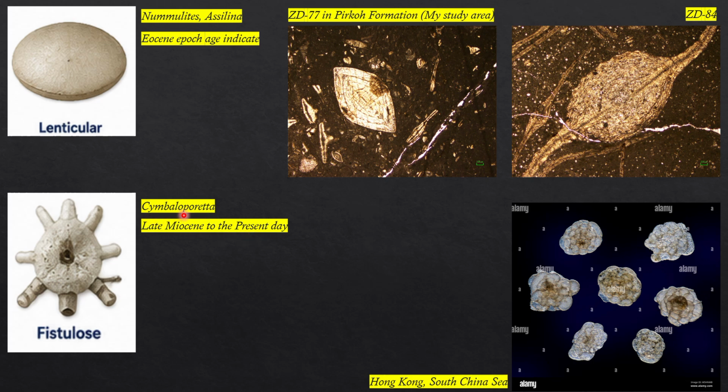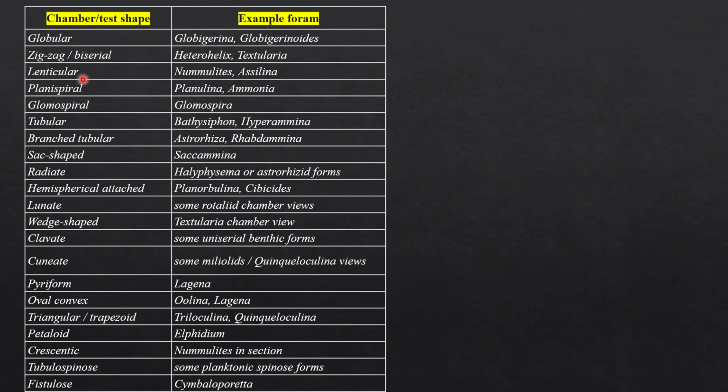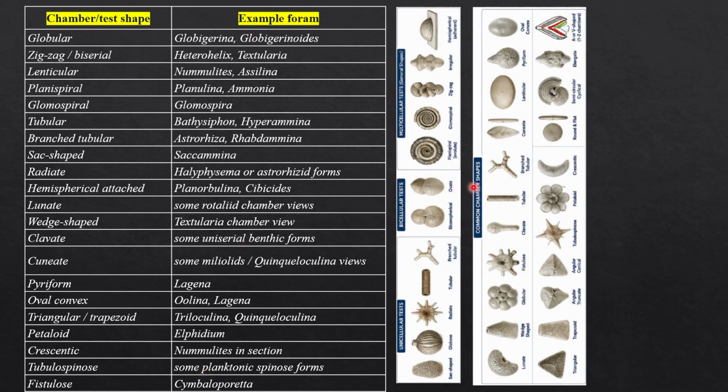These are some other chamber shapes, fistulose, in which you can see the recent China, South China, Hong Kong, the planktonic forms, they show this kind of chamber. This is the different chamber arrangement, in which they are examples of different forms. These are diagrams in which you can see different chamber arrangements.